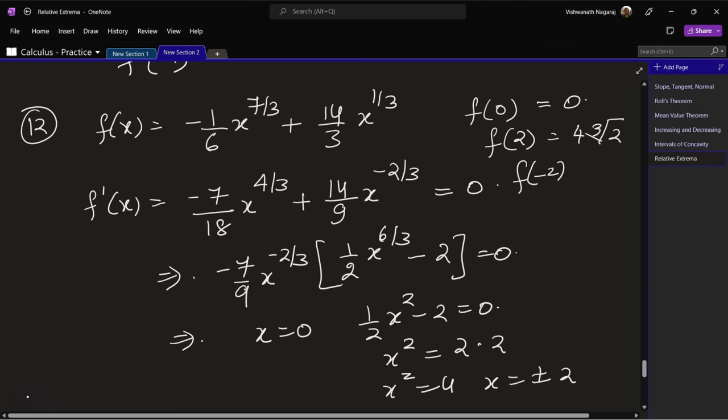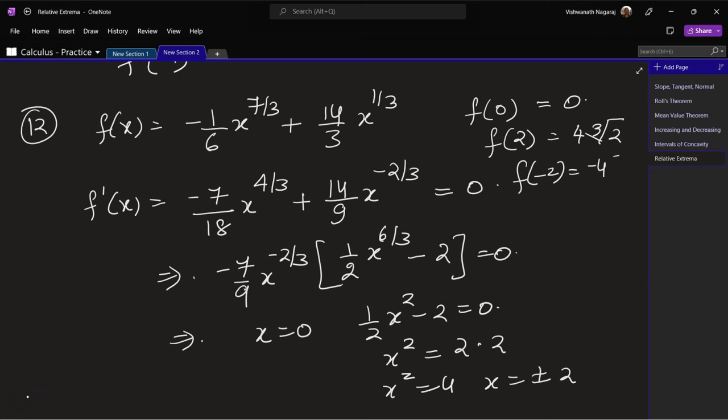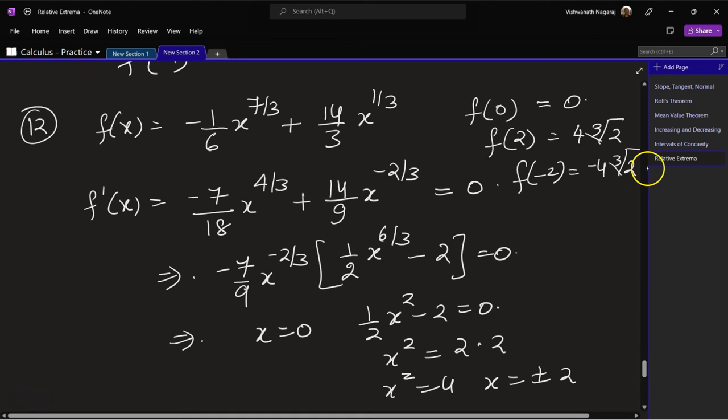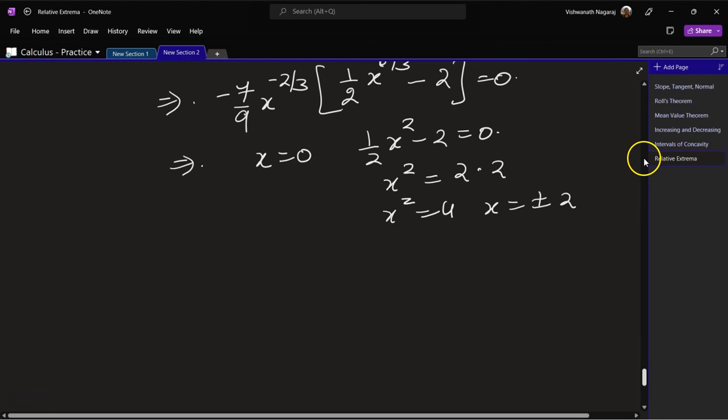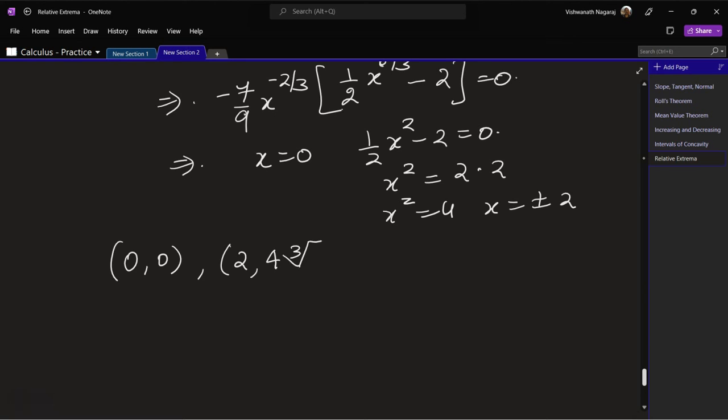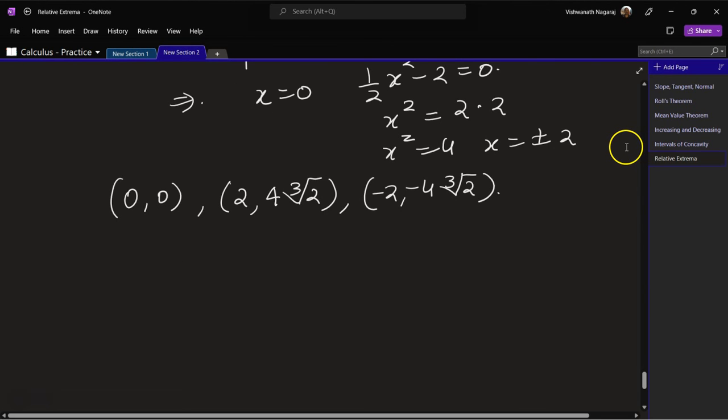And f of minus 2 will be minus 4 cube root of 2. So the points are 0, 0, then 2, 4 cube root of 2, and finally minus 2, minus 4 cube root of 2. Now we have to figure out the second derivative.